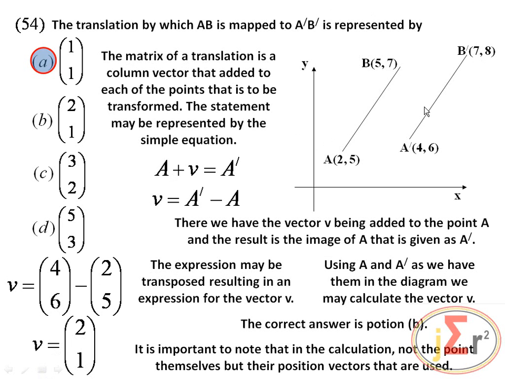As a matter of fact, after finishing the calculation with these two points, we may use that as a verification that the one that we have here is correct, because in a translation the relationship between points and their images is always the same. If we add the translation vector (2, 1) to (2, 5), we will get (4, 6). And if we add it to (5, 7), we will end up with (7, 8).